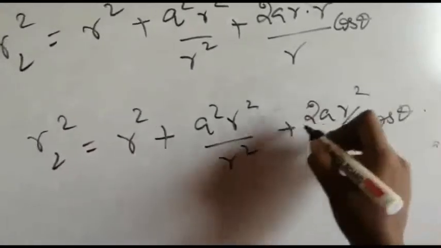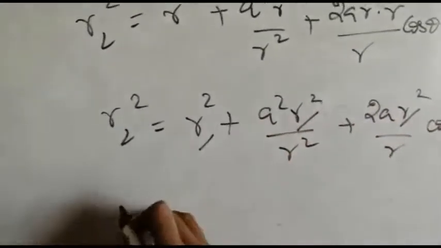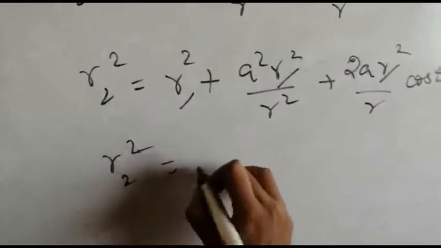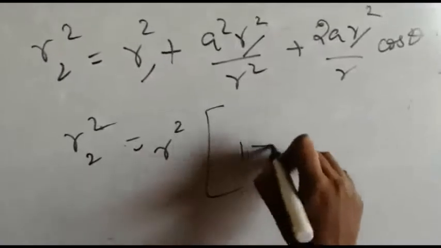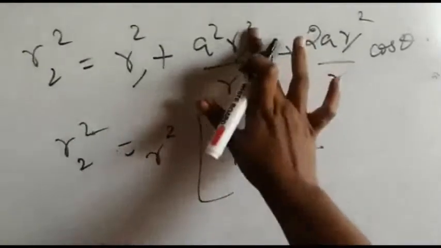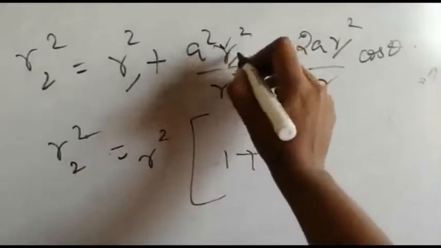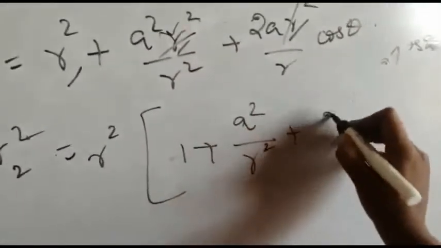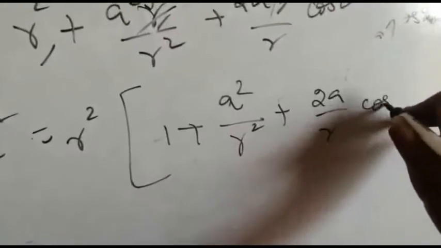Bring this r square common outside. So r2 square is equal to r square common, 1 plus a square by r square plus 2a by r cos theta.